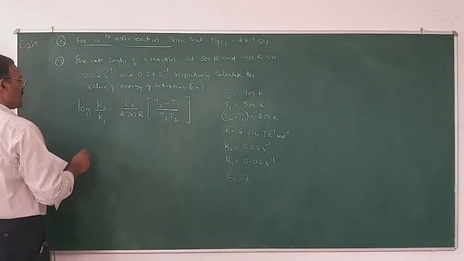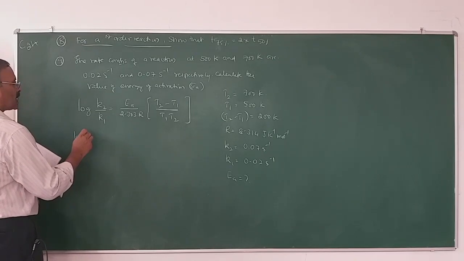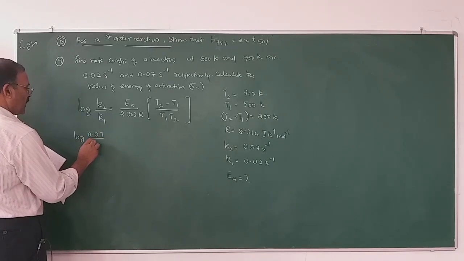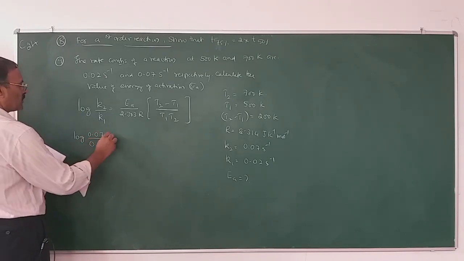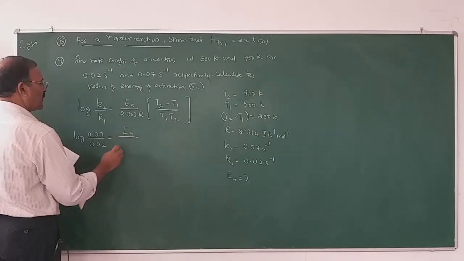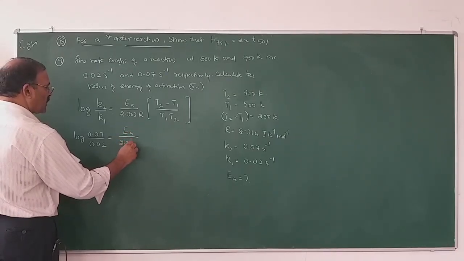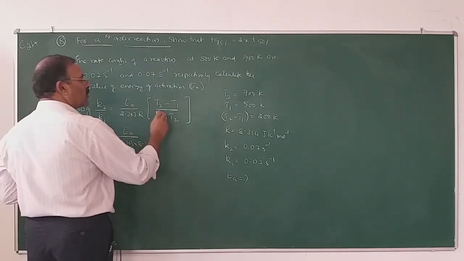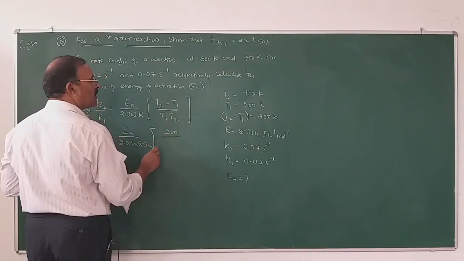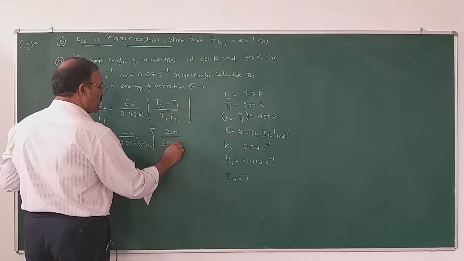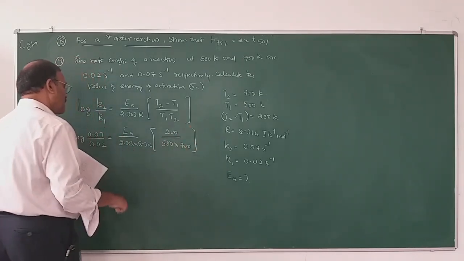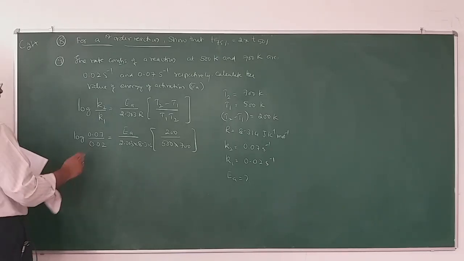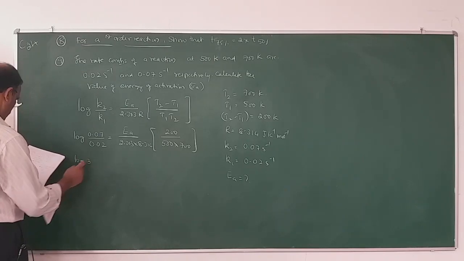Substituting these values in this equation, log of K2 0.07 divided by K1 0.02 is equal to EA divided by 2.303 into 8.314 into T2 minus T1, which is 200, divided by 500 into 700. So here this is log 3.5.